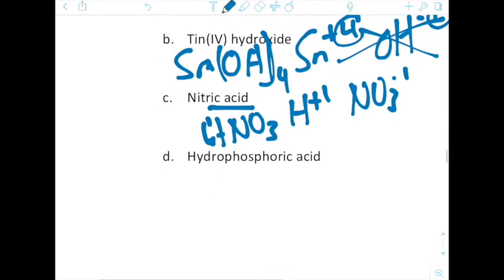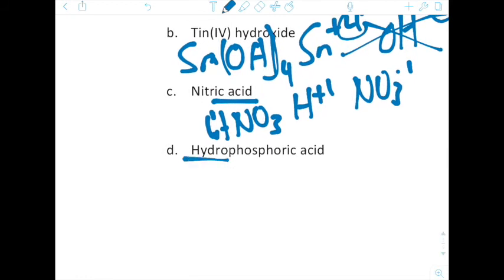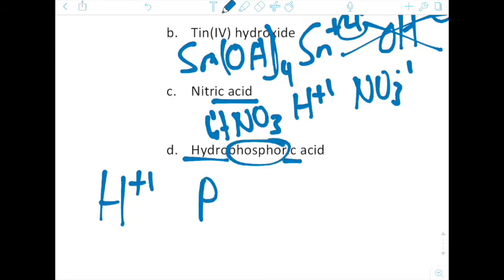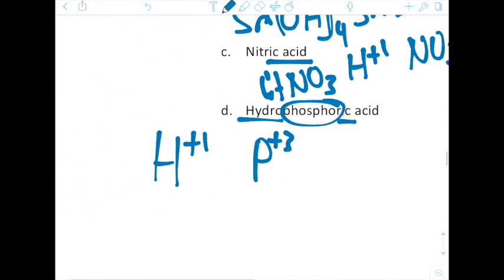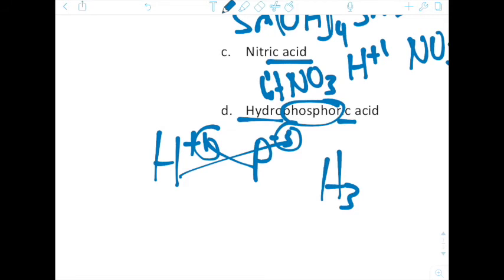And then hydrophosphoric acid, it's "hydro-ic," so we know it's hydrogen, which is +1, bonded to phosphorus, which is -3, not +3. And you bring this 3 down and that 1 down, and you get H3P.